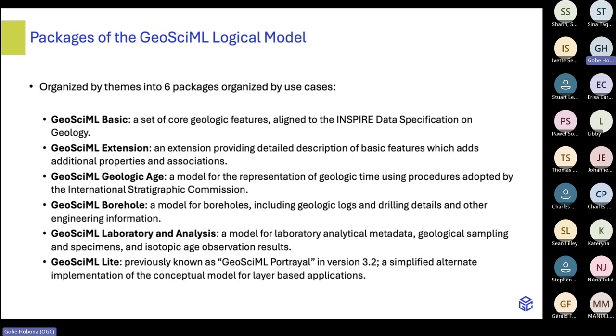Those packages include GeoSciML Basic, which identifies the core geologic features. There's also the GeoSciML Extension, which provides a detailed description of basic features, adding additional properties and associations to those classes. Then there's GeoSciML Geologic Age for representing geologic time.